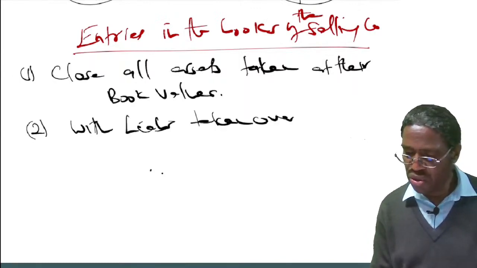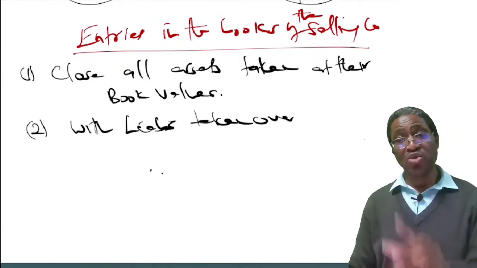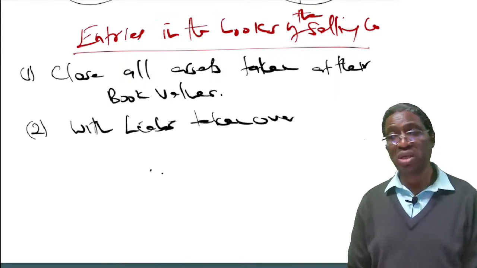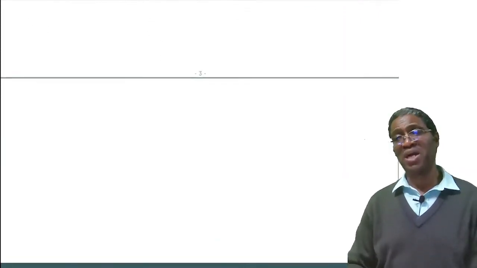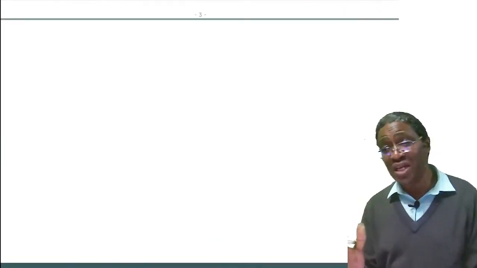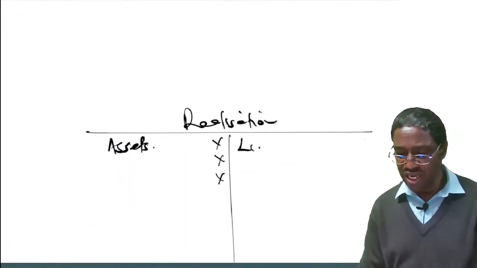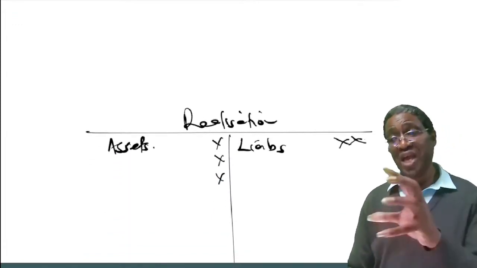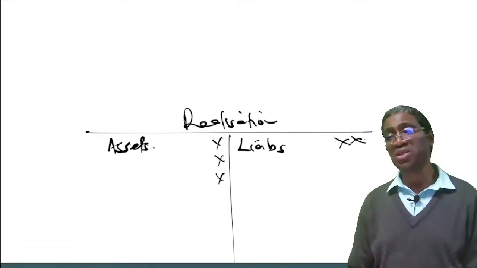With the liabilities taken over, you close them to the realization account. We know liabilities are always a credit balance, and therefore to close that credit balance, you debit the liability and credit realization. That is our step number two.